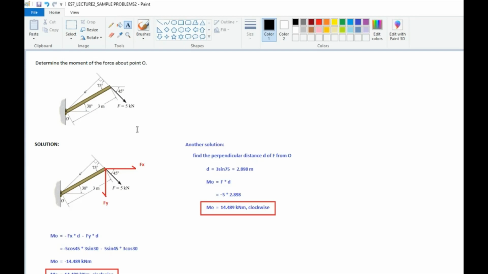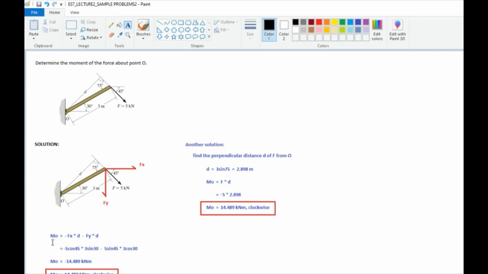So what do we do? We just copy the figure, and then we break the 5 kilonewton force into components. So we have Fx and Fy. Once we have that, it is easy to get the moment about O, because moment is just the summation of forces times their respective distances to the point where it will rotate.